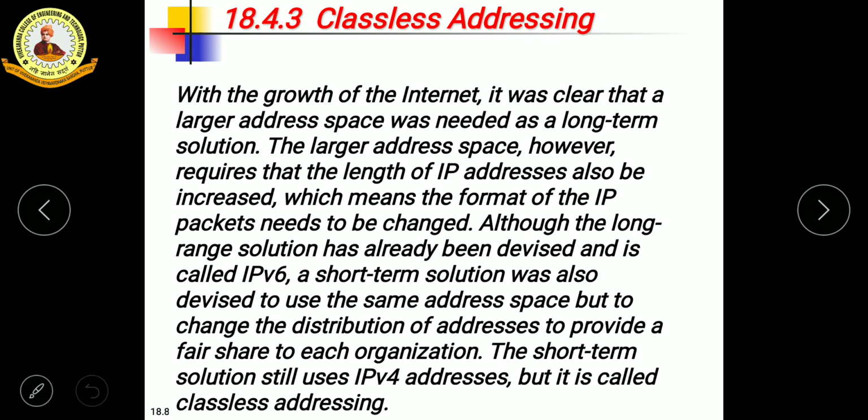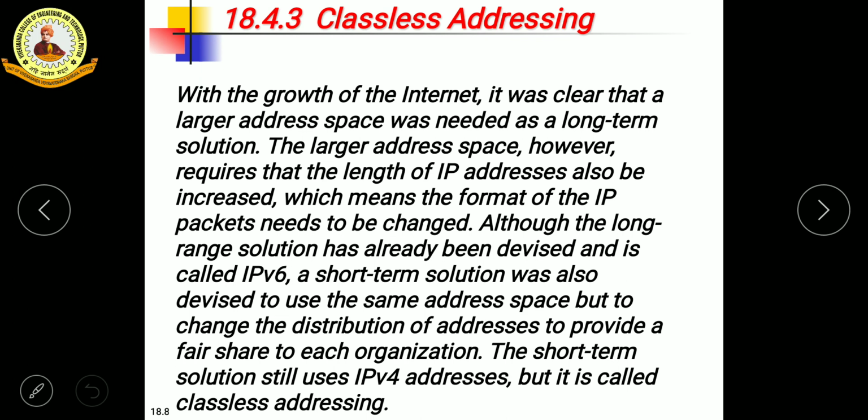The disadvantages of classful addressing, that is address depletion, and subnetting and supernetting didn't meet the growing needs of organizations, so we went to classless addressing. With the growth of the internet, it was clear that a larger address space was needed as a long-term solution.